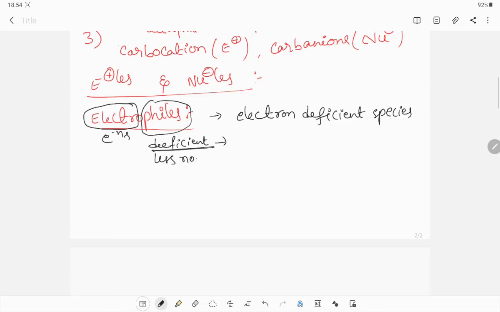Actually, an ion having fewer electrons always looks to attract electrons. Next point: electrophiles always look to attract electrons to get neutralized.